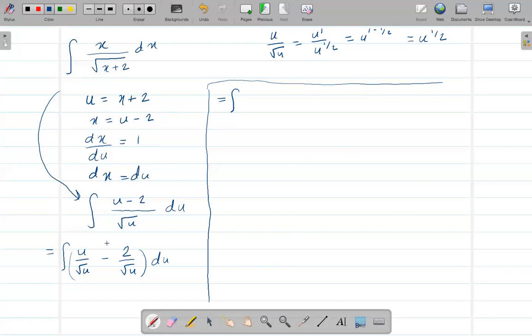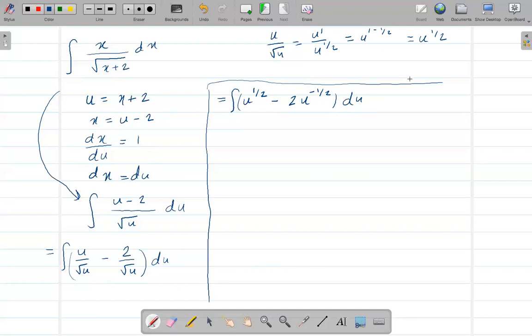So from here, I get u to the power 1 over 2, minus, well, the square root of u is also u to the power 1/2. I can move that to the top, so this will be 2 times u to the power negative 1/2, and du.